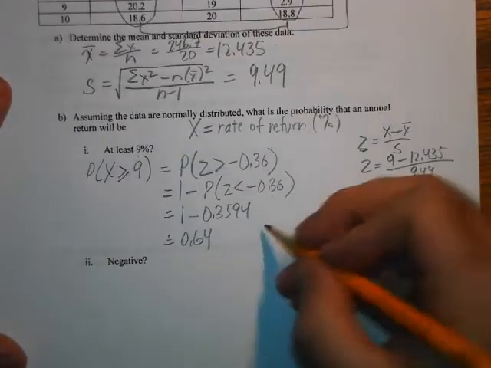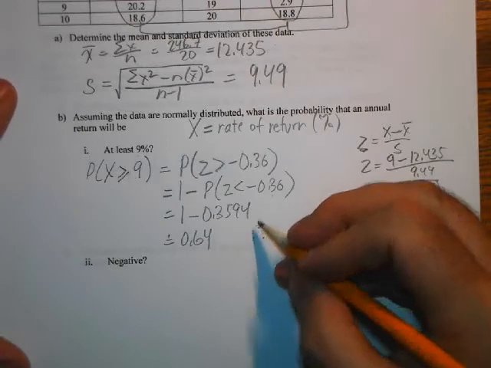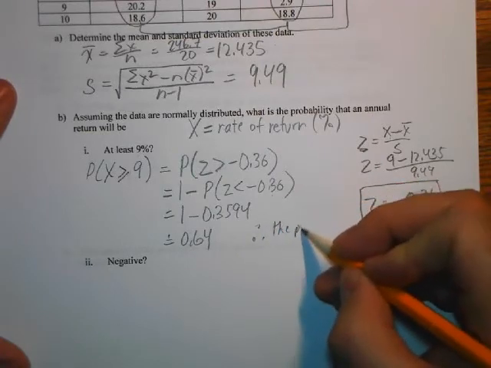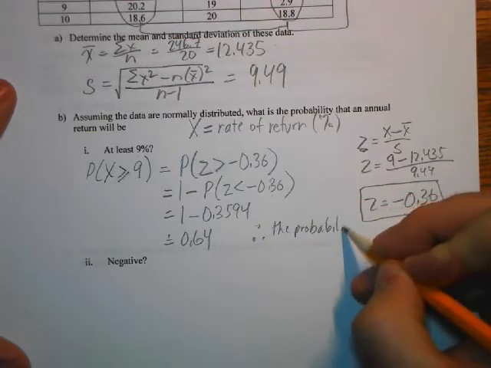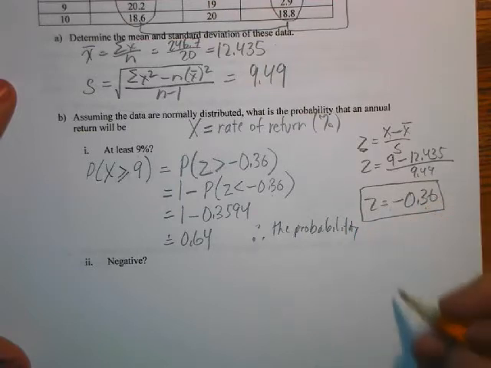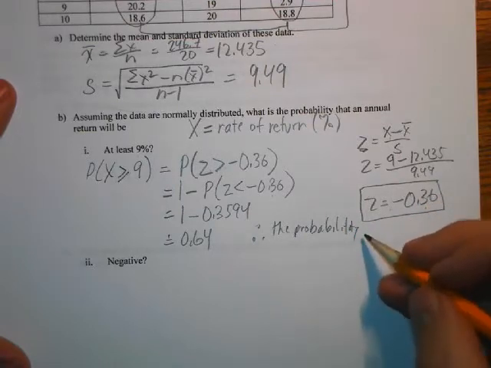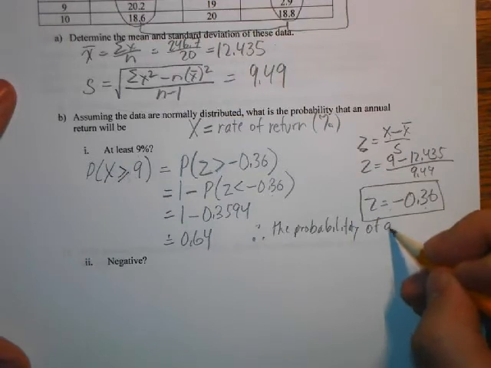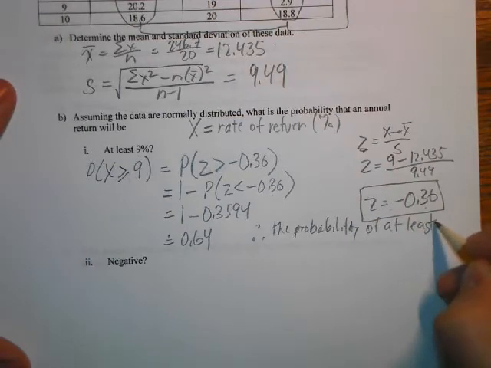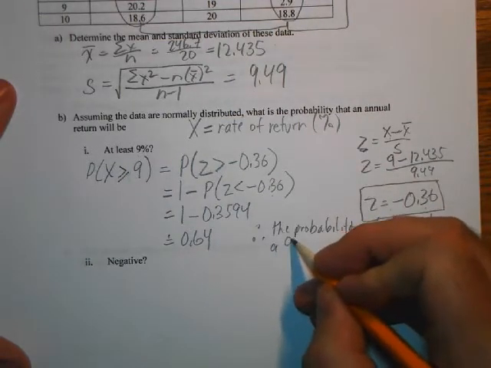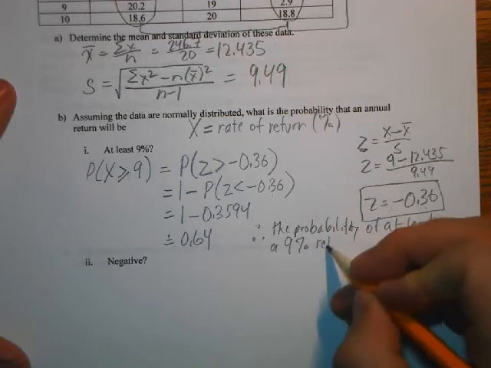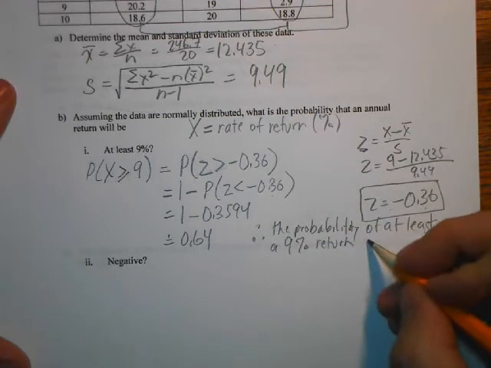Okay, and that tells us, therefore, the probability of at least a 9% return is 64%.